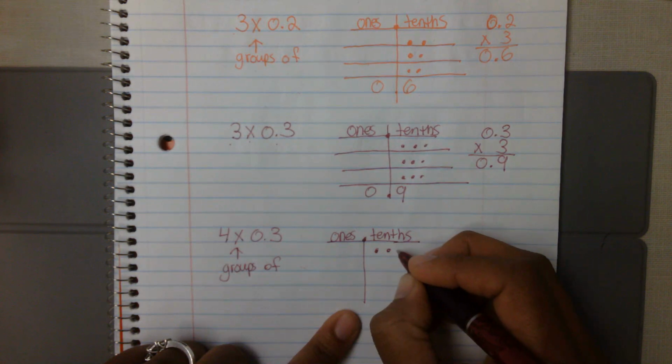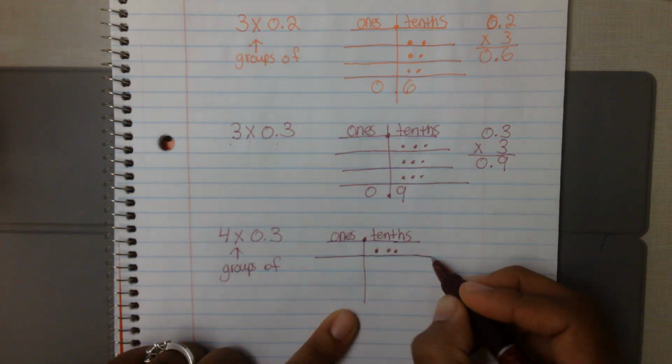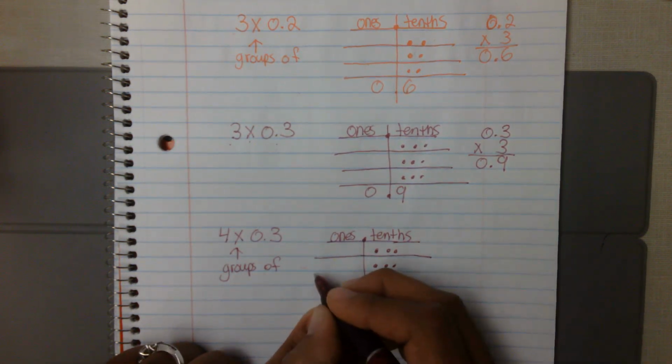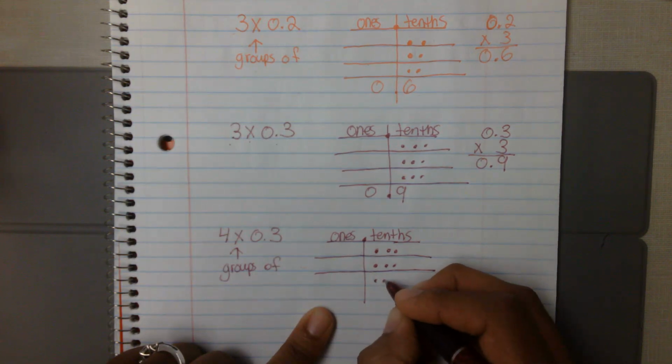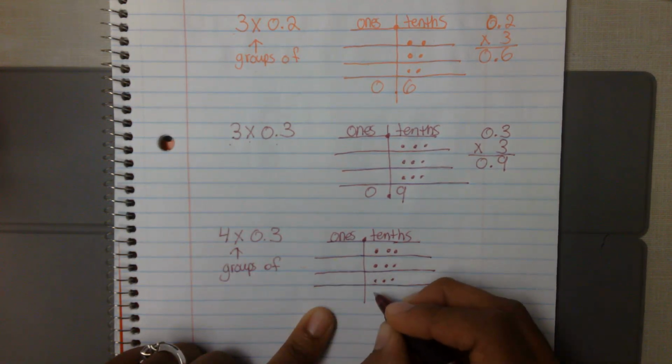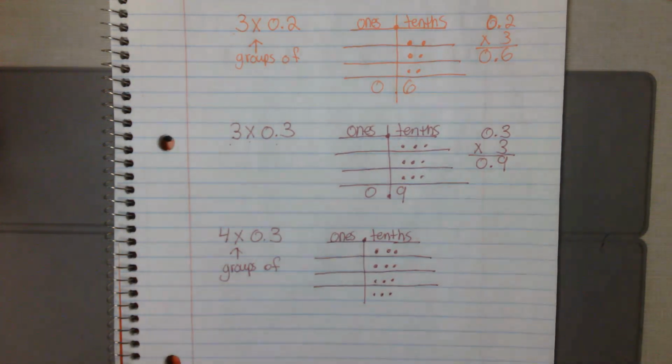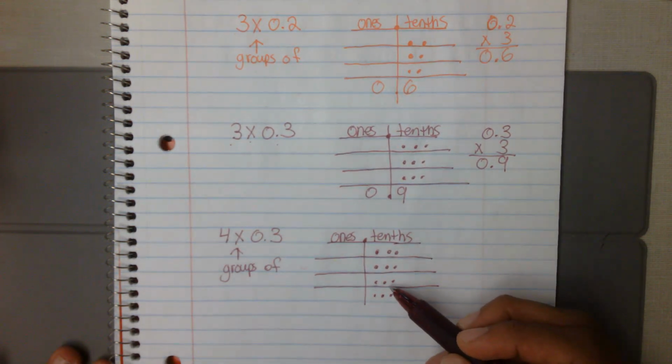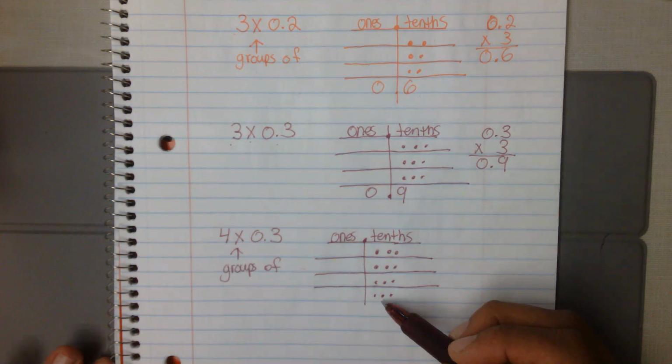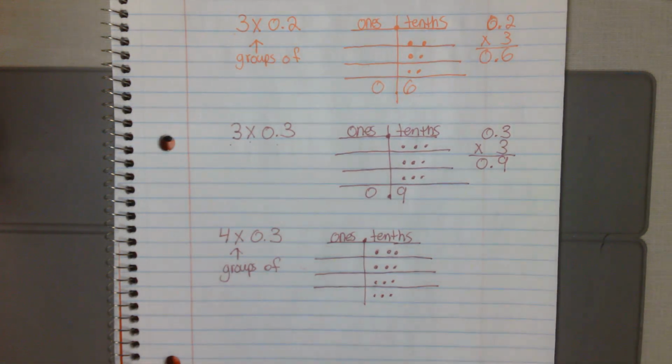So I'm going to put 1, 2, 3. There's one group. 1, 2, 3. There's 2 groups. 1, 2, 3. There's 3 groups. And 1, 2, 3. There's 4 groups. So I'm going to start here. We have 3, 6, 9, 12. Once I go over 10, remember every time we have a 10, we have to shift our place value over.